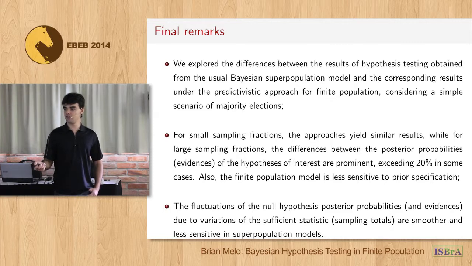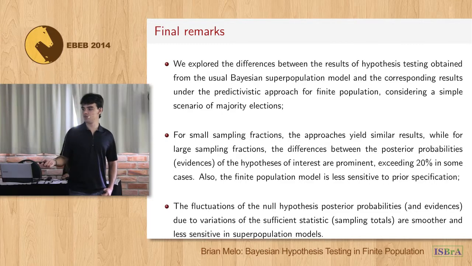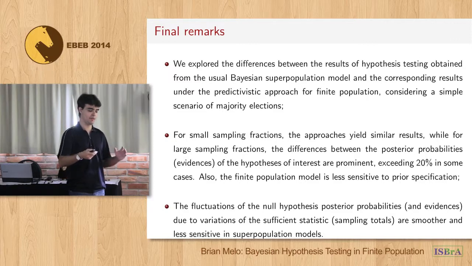And the fluctuations of the null hypothesis probabilities and evidence are smoother in superpopulation models. This happens because in finite population models, after sampling, the support of our posterior distribution is much smaller than prior to sampling. So this is why we get more information, and the fluctuations are smoother in the superpopulation models.